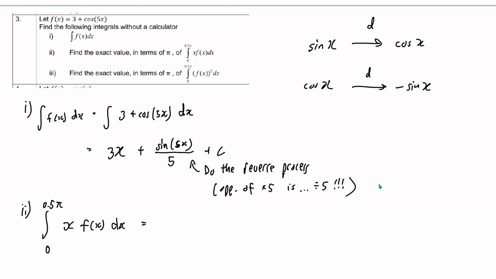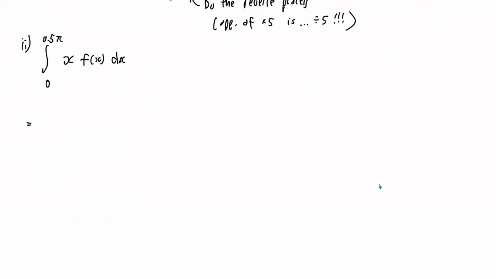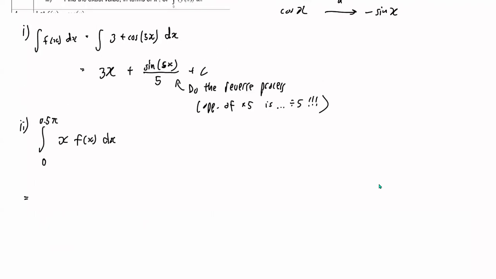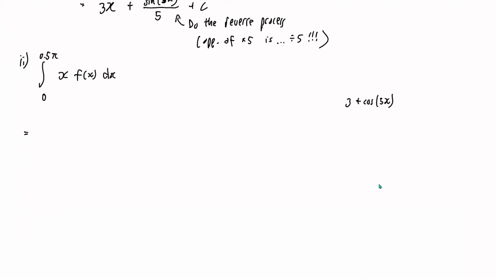We have to work it out. Let's work it out at the side, it's easier. So my f of x is 3 plus cosine 5x. Then x times f of x means x times this guy. You see that? Yes, so the x can distribute into each of them.